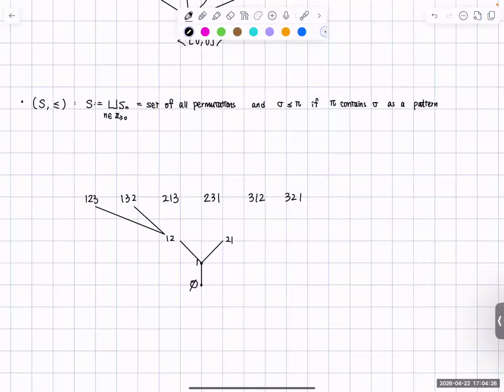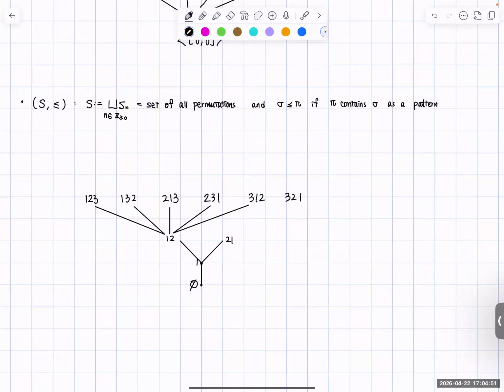And then here, this guy, 2, 1 is not, but 1, 3 is actually a 1, 2 pattern because this is smaller than this. And then here, 2, 3, 1, because of the 2, 3 here, 2 is less than 3, and so on. Except for the last one, because in the last one you don't have 1 and 2 increasing like this.